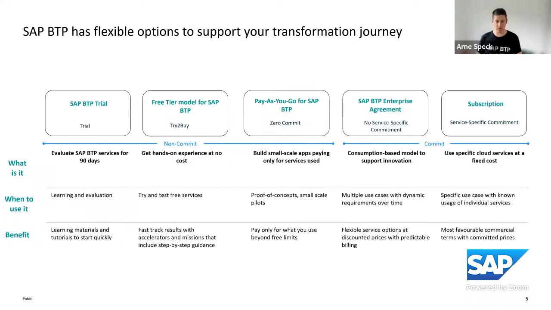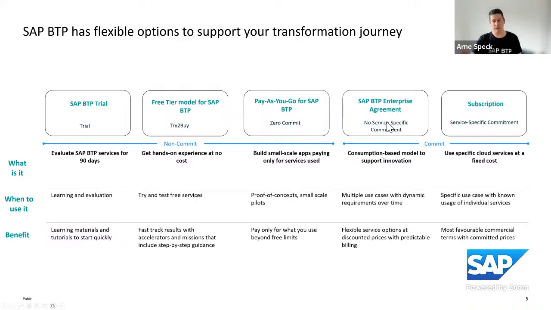You can consume all of them, try them out, work with them, and also run productive solutions. At the end of the month, you will get an invoice from SAP for the amount of resources that you consumed, and that is then deducted from your credit card or whatever payment information is used.